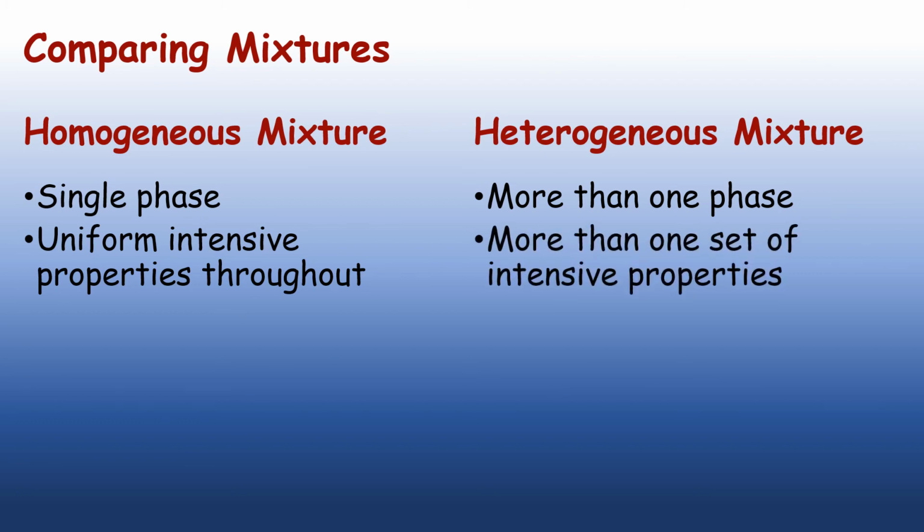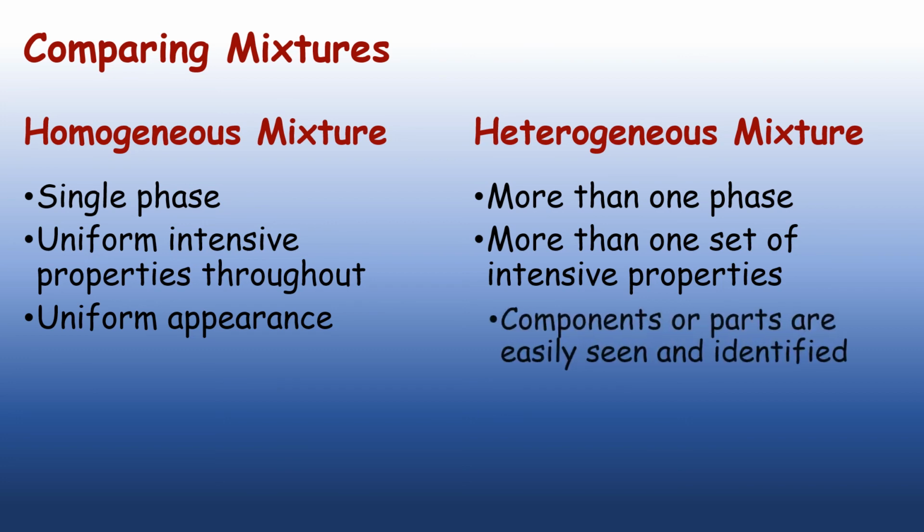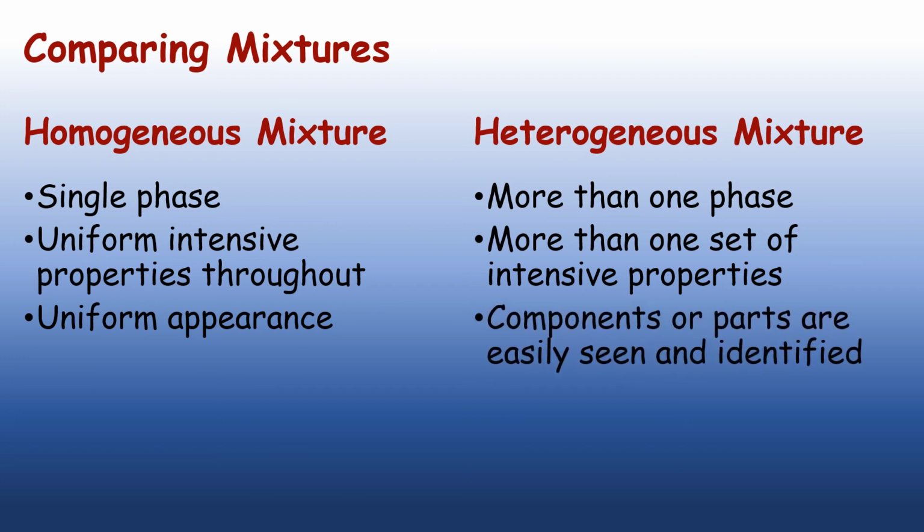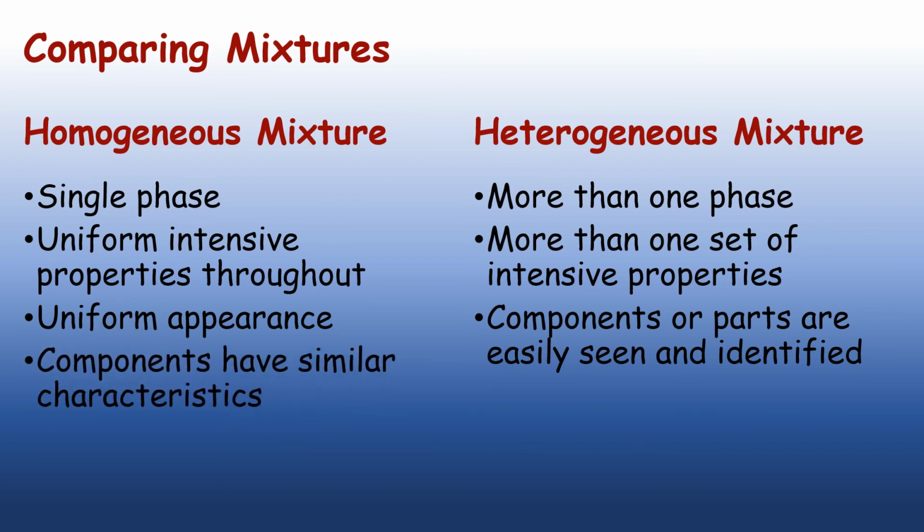While in heterogeneous mixtures, more than one set of intensive properties can be observed because the proportions of the components are not the same throughout. Homogeneous mixtures have a uniform appearance, that's why they have a single phase, while in heterogeneous mixtures, since the parts can be easily seen and identified, it means that they don't have a uniform appearance.